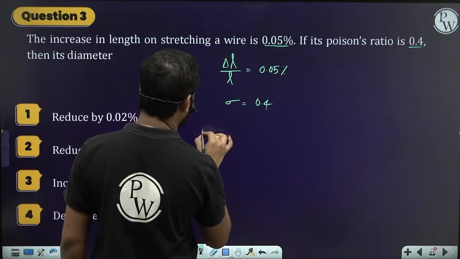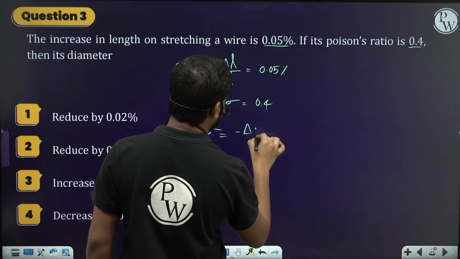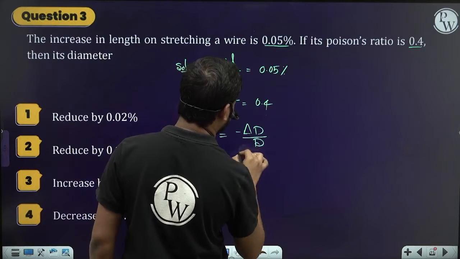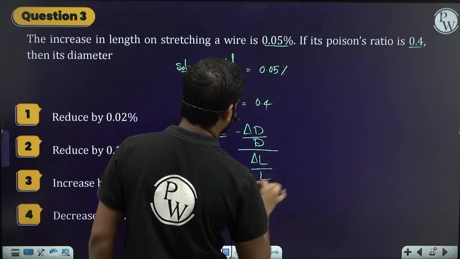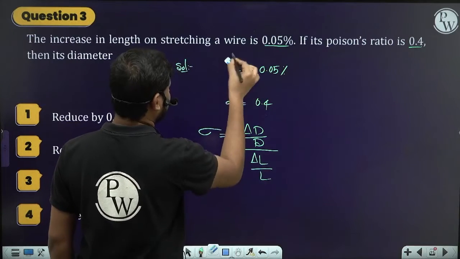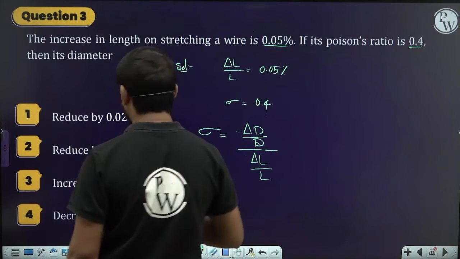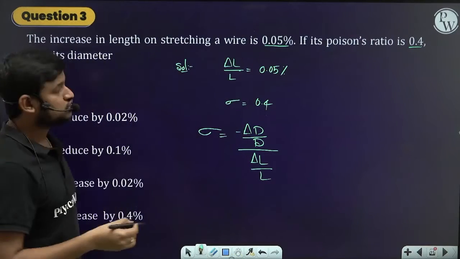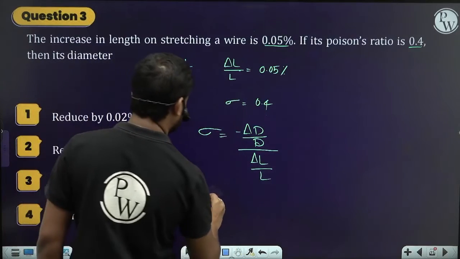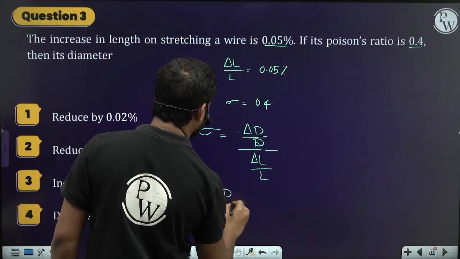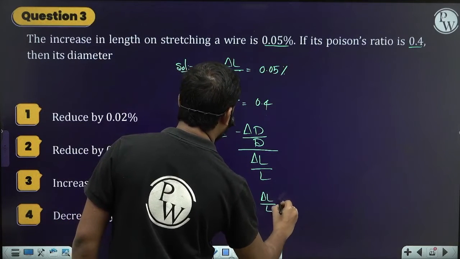So sigma is equal to minus delta D by D divided by delta L by L. Here delta L by L is given, and sigma is given, so I can write minus delta D by D is equal to delta L by L into sigma.